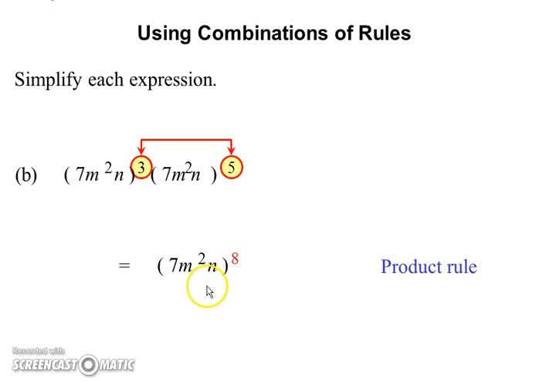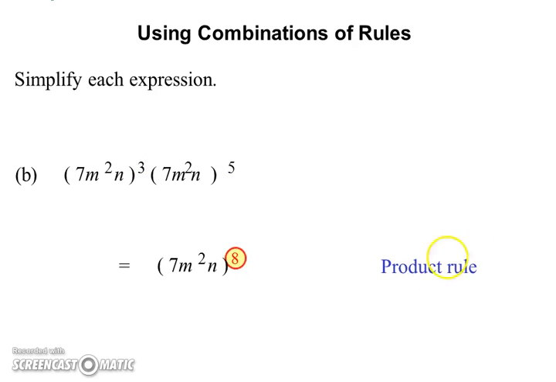So we have 7m to the second power n, all raised to the power of 8. Now it's starting to look a little more simple. We still have to simplify further, and we can do that by applying the power rule. The power rule tells us to raise each term in the parentheses to the 8th power.